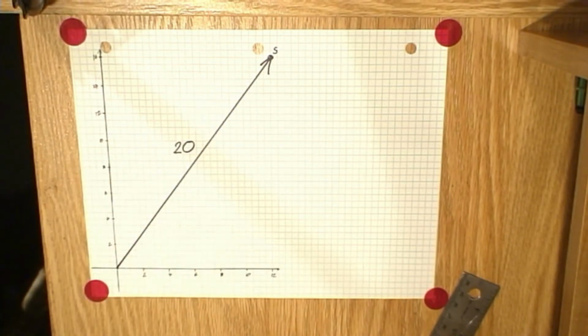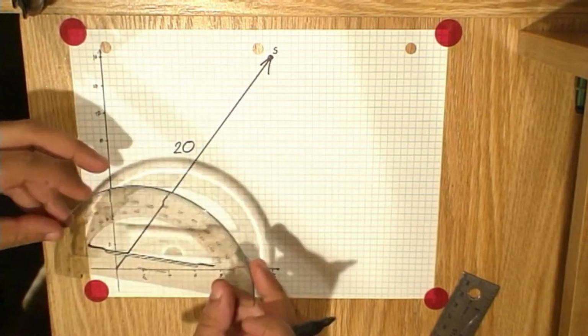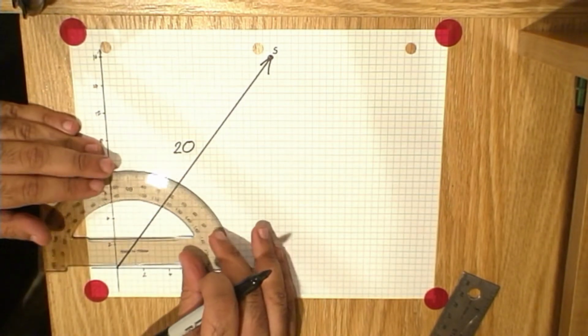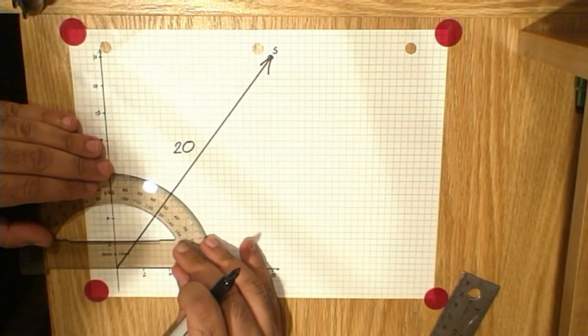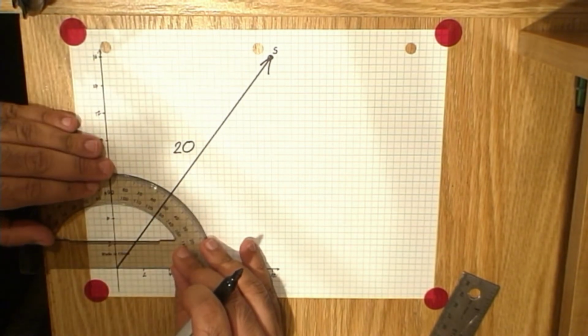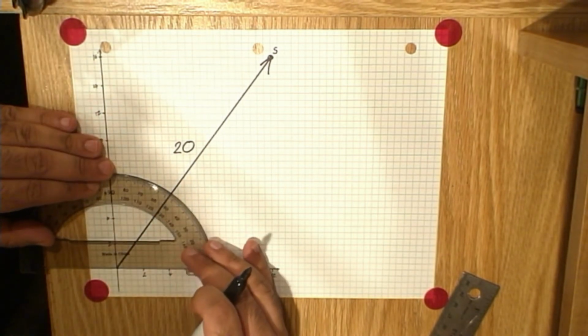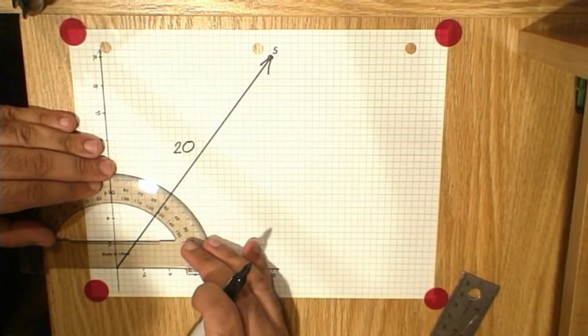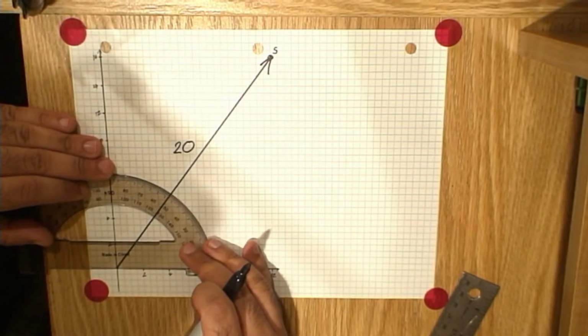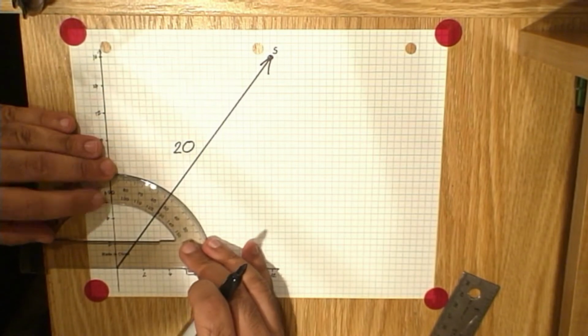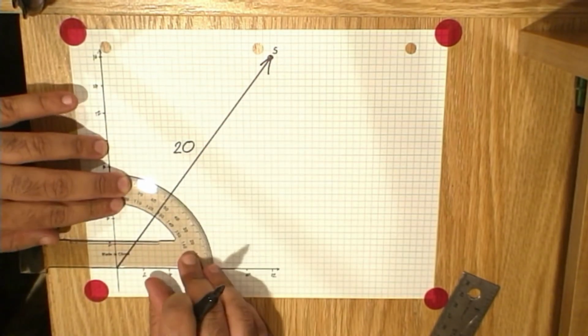So that tells us how far away the shark is. But I don't yet know what direction it's in. For that, I will need a protractor. Now if I set my protractor here, I'll line it up at the origin and find out what is the angle at which this vector points.